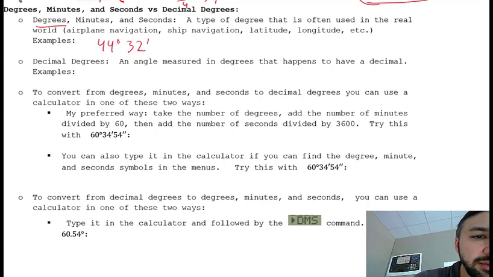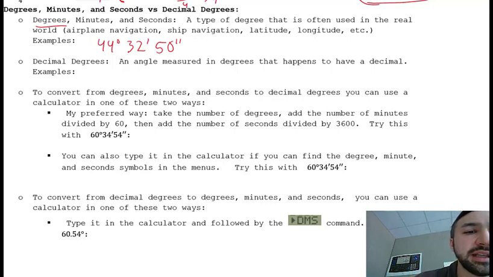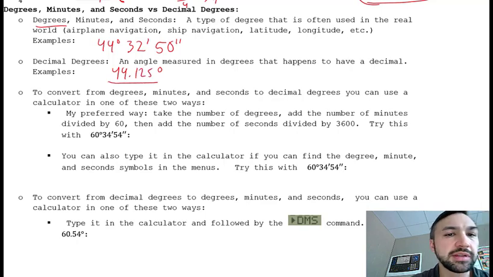You have a set number of minutes, and then one little tick mark is for minutes, and then you may have seconds, which is just 2 little tick marks. Whereas where I say decimal degrees, it just means you have some degrees and it's got a decimal to it. So 44.125 or something like that. It's got some kind of decimal there.